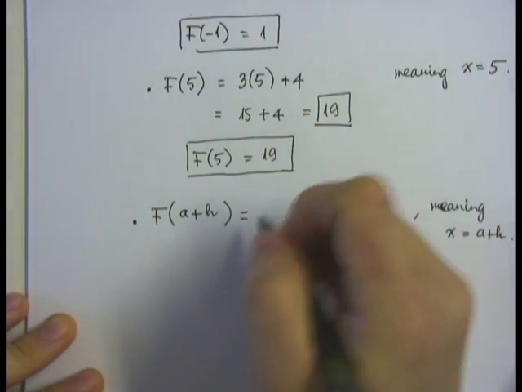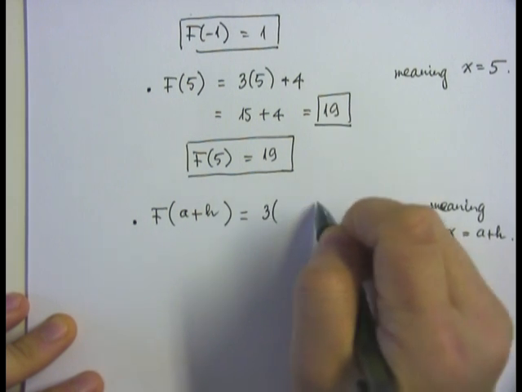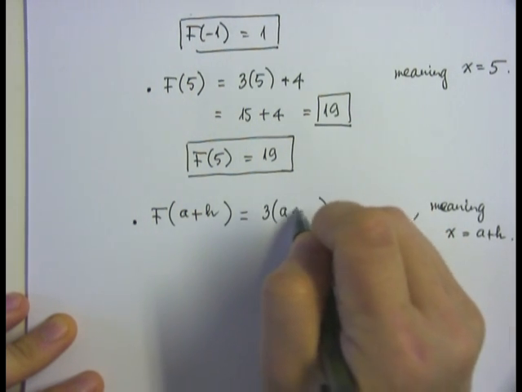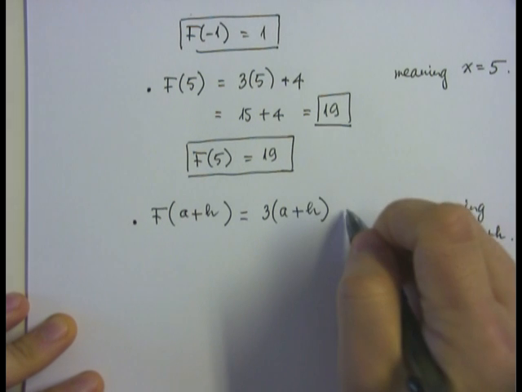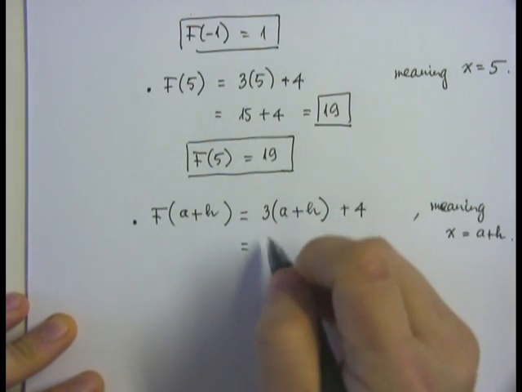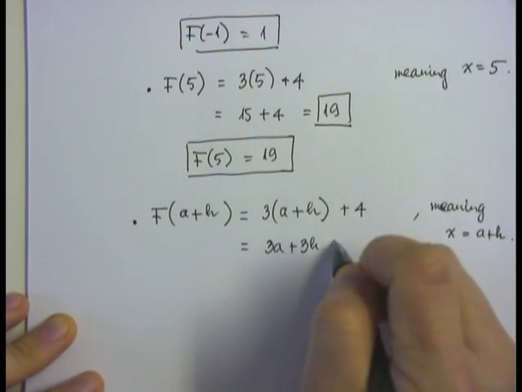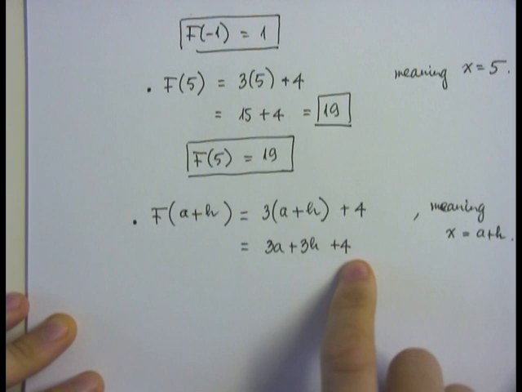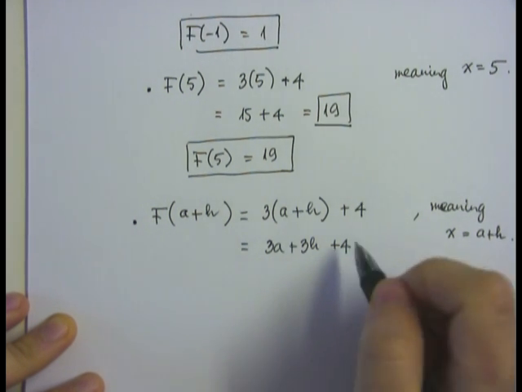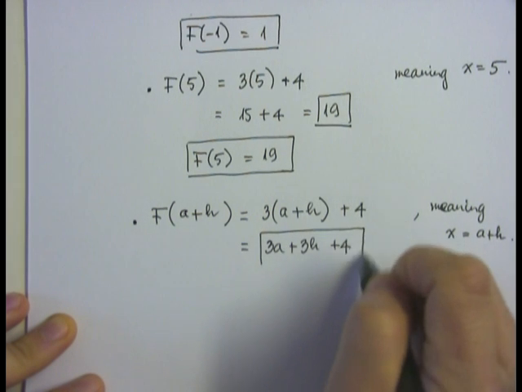Okay, so your function's value is going to be 3 times, but instead of x you write a plus h, the whole quantity, plus 4, and that equals 3a plus 3h plus 4. And unfortunately at this point there are no more like terms to combine, so here's our final answer.